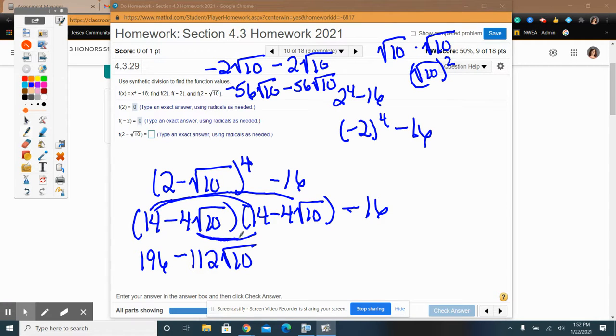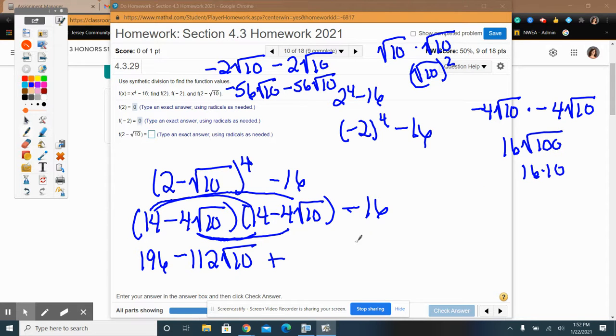And now what do we do about the last piece? Definitely it's going to be plus because a negative times a negative is a positive. If you have negative 4 root 10 times negative 4 root 10, what do I have? I have 16 root 100, or 16 times 10, which is 160.